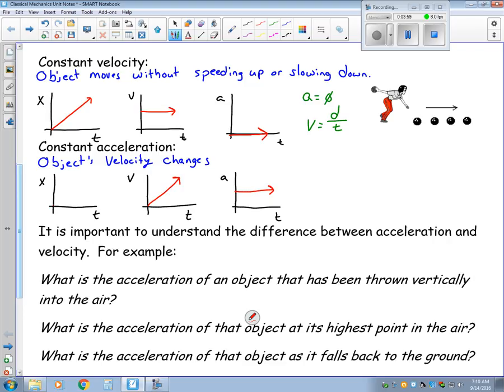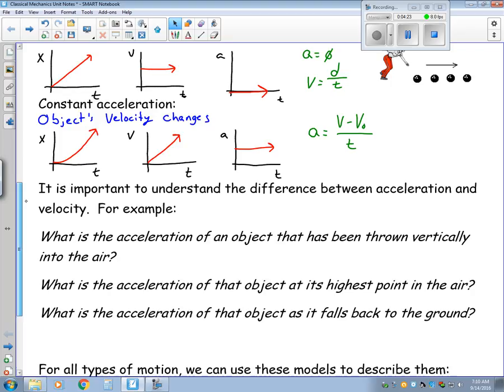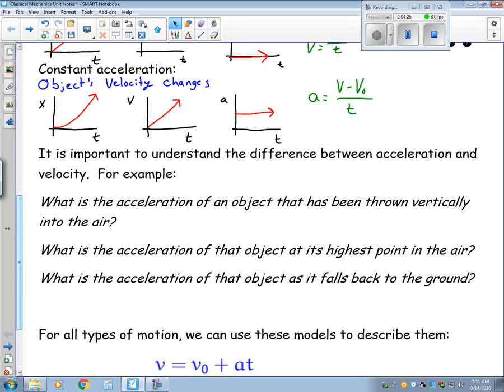And what that does is it gives the graph a parabola-looking curve. So in this one, acceleration is not zero. Acceleration would equal the final velocity minus the initial velocity over time. It's very important for you to understand the difference between acceleration and velocity.